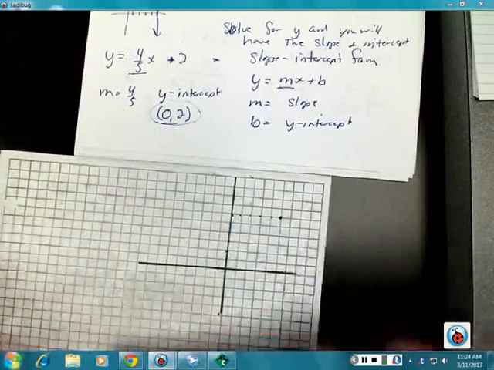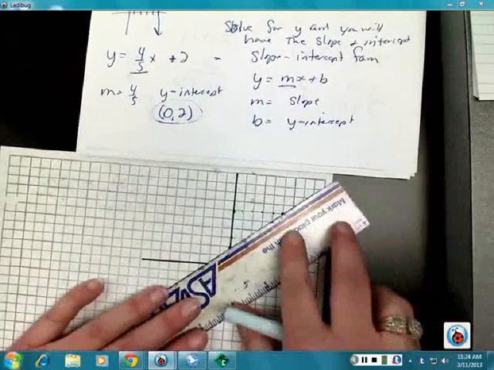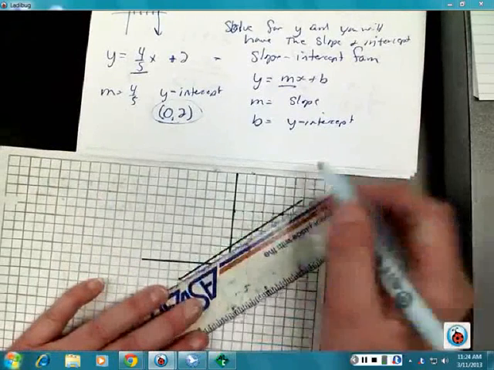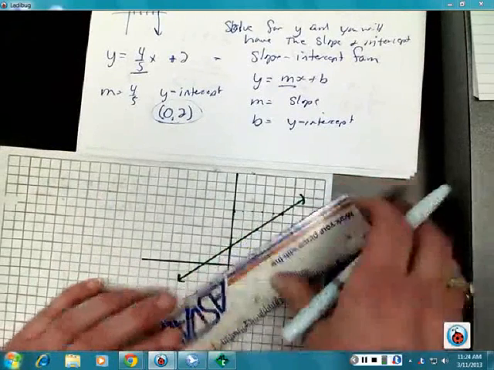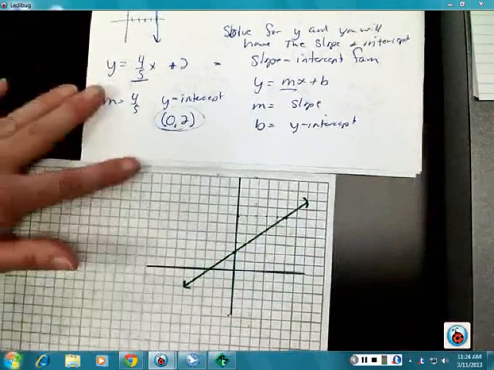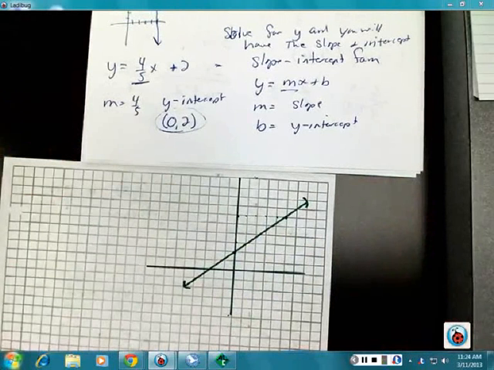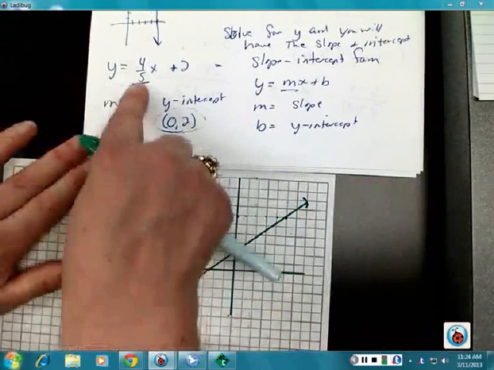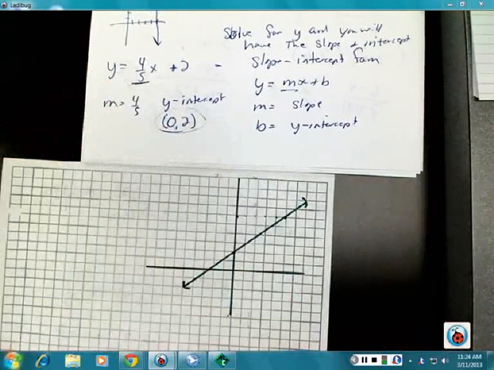And connect them. Of course, Hawks will connect it on the computer itself. You won't have to connect it, and you are done graphing. So out of all the graphing we've done today, this one's probably the easiest one to do, because you don't have a whole lot of number plotting. You don't have to find a lot of things. The only thing you'd have to do is get y all by itself, and in solving for that.